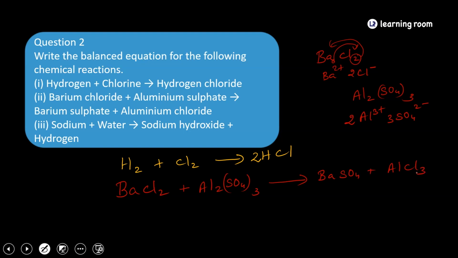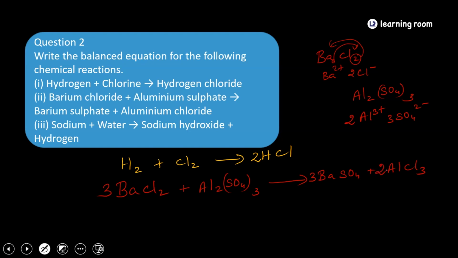So now look here, you have 3 sulfate, 2 aluminum and 1 barium, 2 chlorine. So when you are balancing, you have BaSO4, but 3 SO4 is there, no, so I am putting 3 over here. Then 3 barium atoms are in the product, and when you come to the reactant side, you put the 3. So 3 barium, how many chlorine? 3 twos are 6, but how many chlorine is there here? 3.